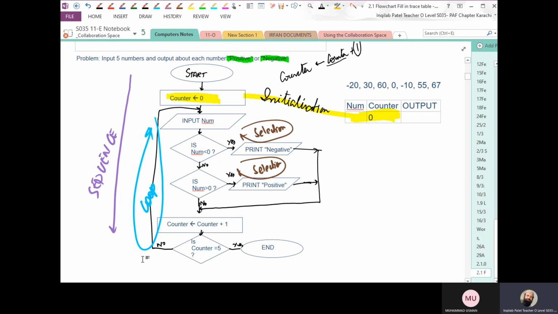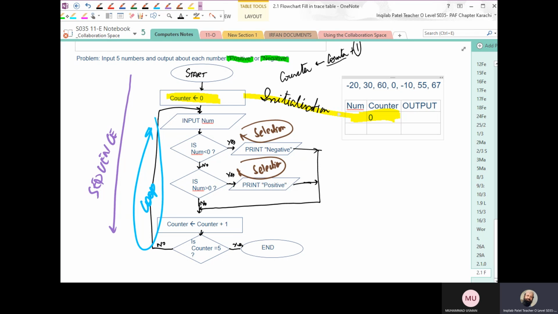Then we will not input anything or output anything in the line of initialization. Then we are asked to perform this input num. So we will input the num as 20. Is num lesser than 0? No. Is num greater than 0? Yes.